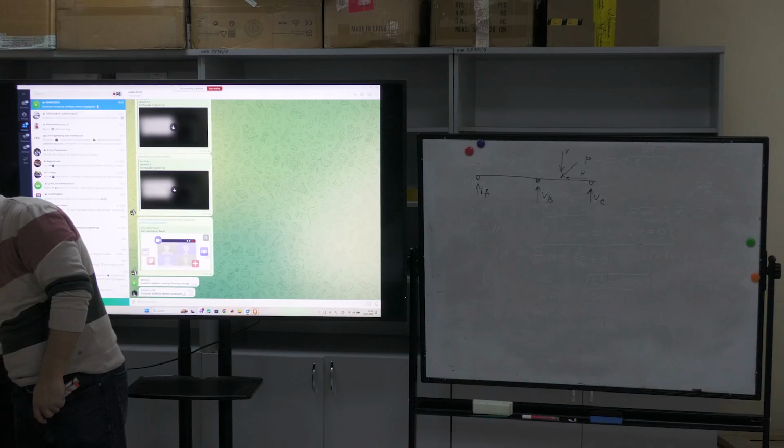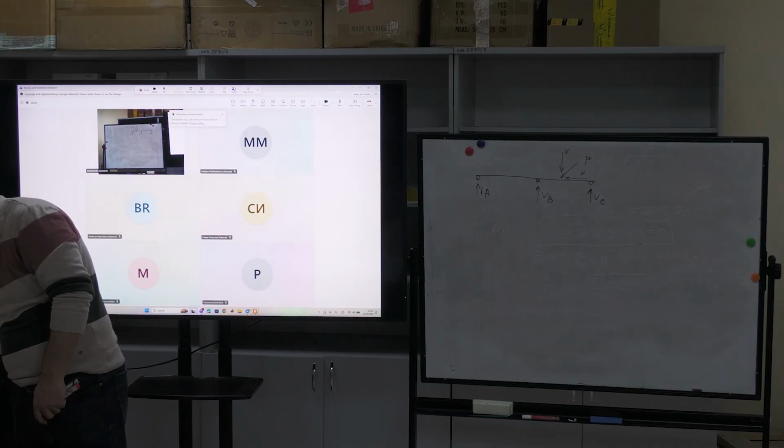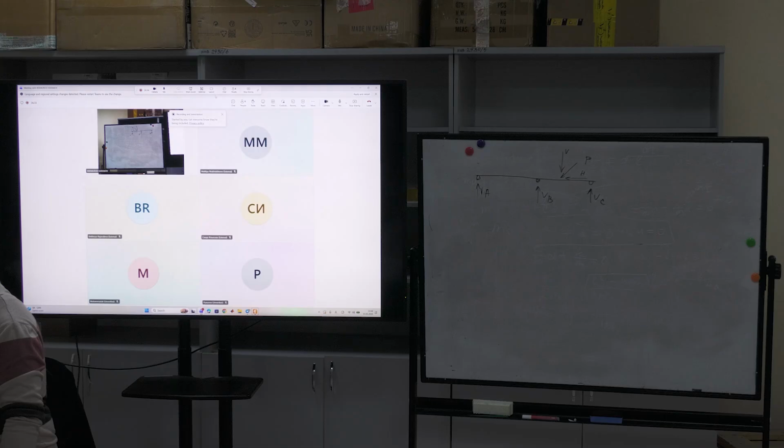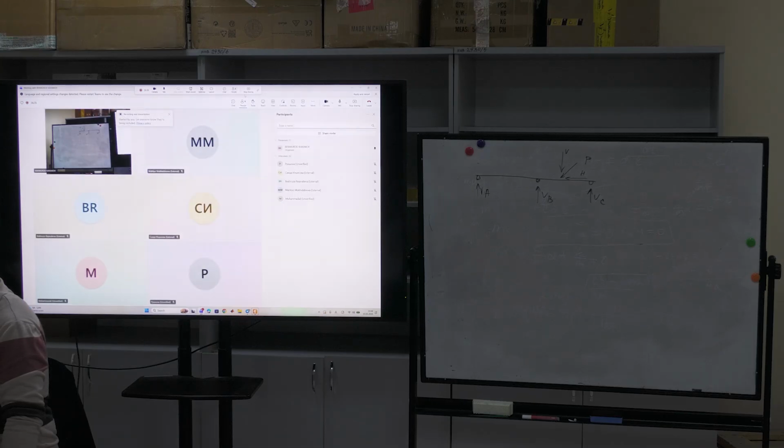Somebody is requesting again. Okay, I'm sorry. Maybe we can set it up so people are added automatically. I use Zoom, but I don't know how to do it with this one.